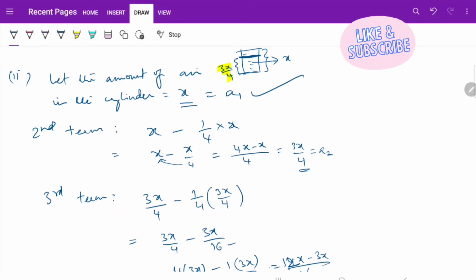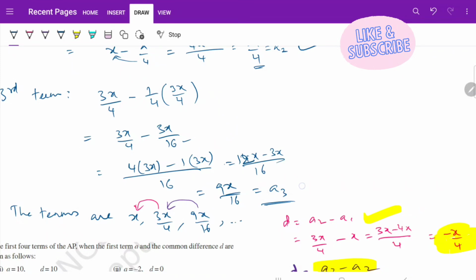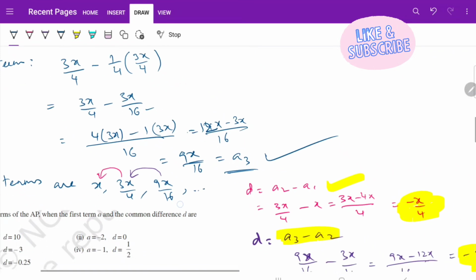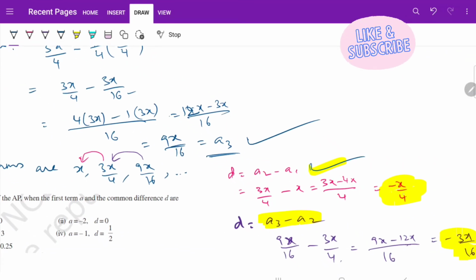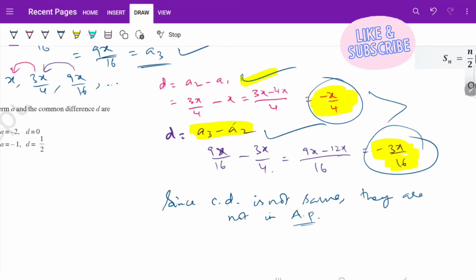Here we have found the first term as x, second term as 3x by 4, third term as 9x by 16. Then we find A2 minus A1, and then A3 minus A2. Since these two are not same, and the common difference should be same to be in series, the given situation is not in arithmetic progression series.